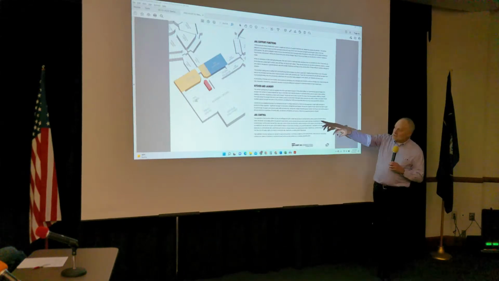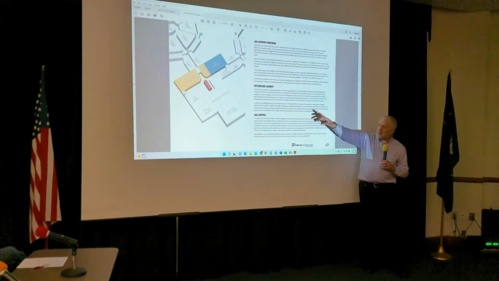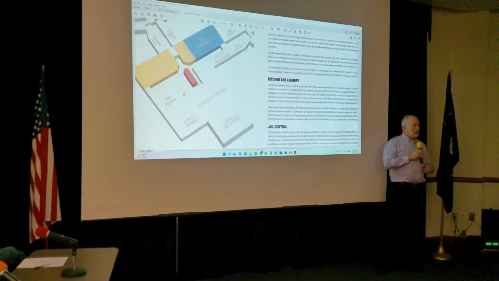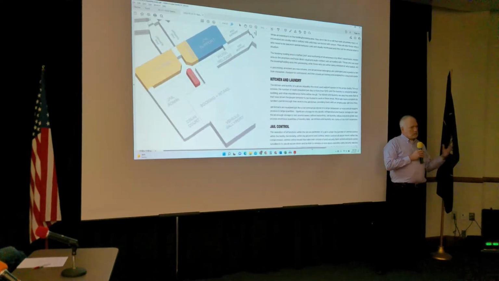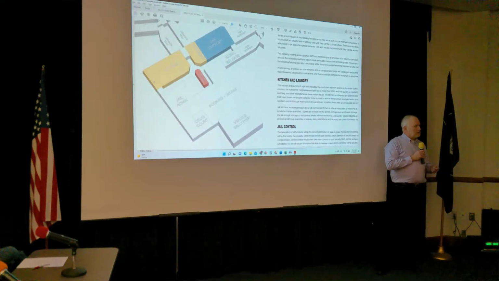And the idea is that you go from the vehicle sally port into booking. That's where anybody who's brought into jail is put into booking and intake. So put into a holding cell and or given a breathalyzer test or not analyzed, but scrutinized to determine whether or not they're going to be booked into jail, bailed out of jail, or what's going to be done with them.